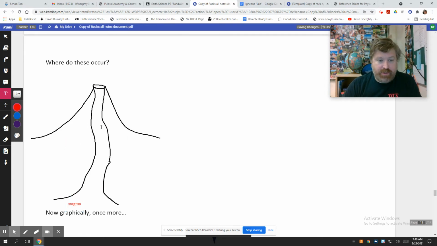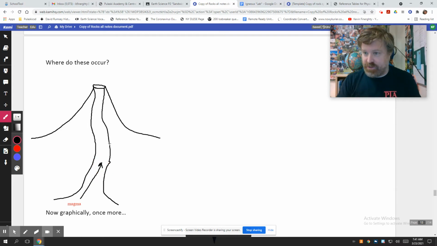This rock over here on either side is cool enough that it's not melted. It's solid rock. So here is what might happen: as this magma is working its way towards the surface and it's hot, what about the rock that it comes into contact with? It can alter it a bit. Will some melt? Yeah, some will melt and get into that magma, come squirting out of the volcano. That happens. But again, that's an igneous rock.